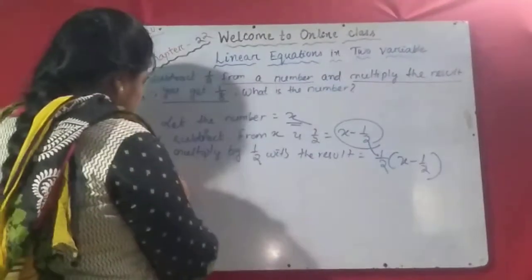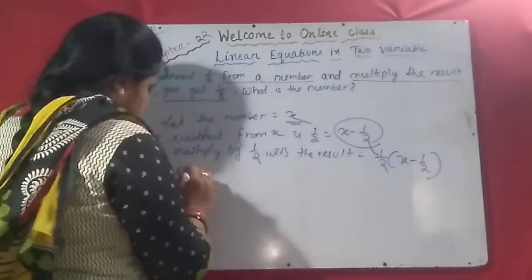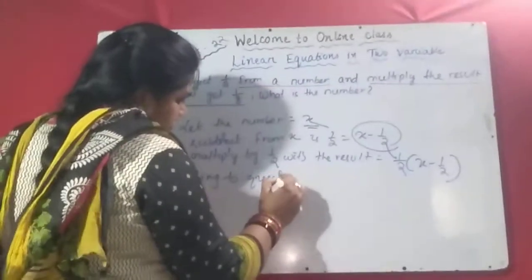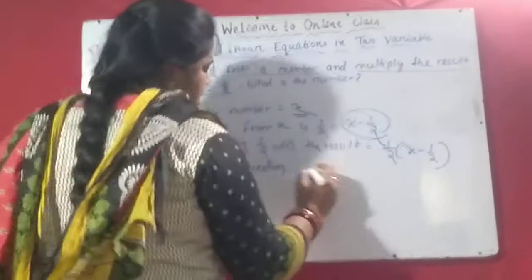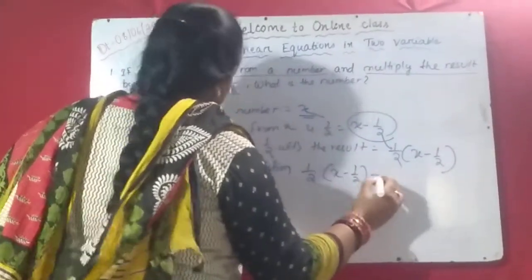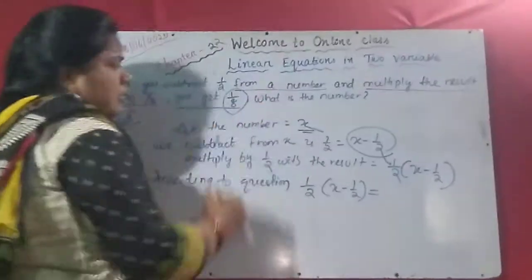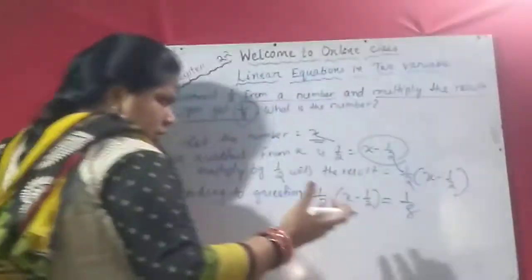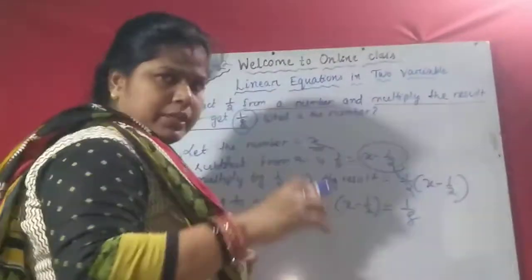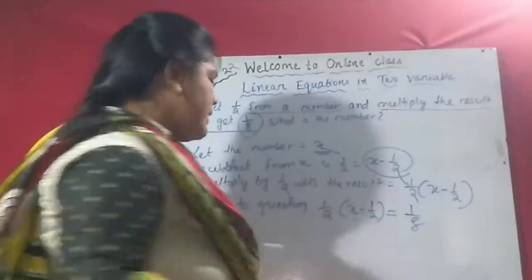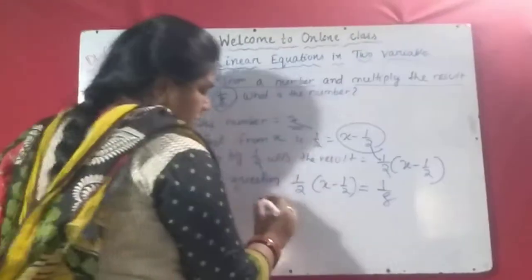According to the question, half multiply x minus half equal to 1 by 8. Understood? You first subtract half from a number, multiply the result with half, and you get 1 by 8. Now you can solve it easily.